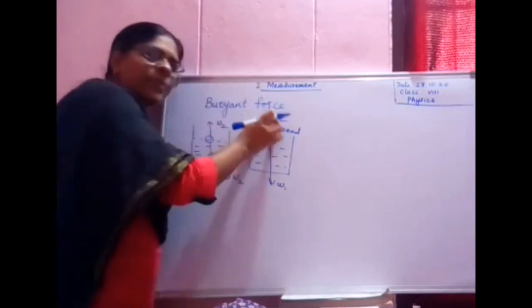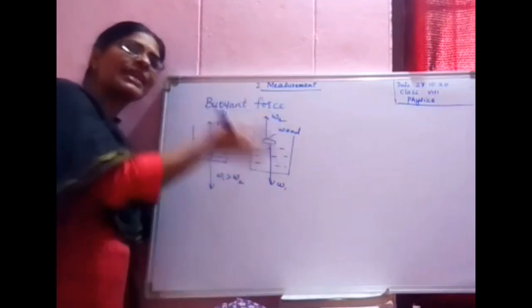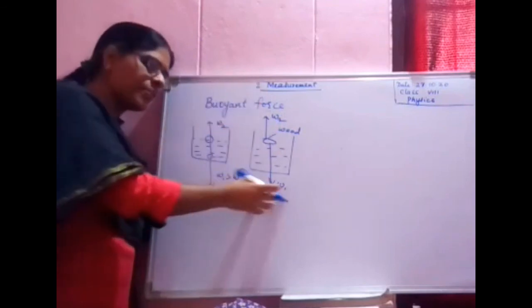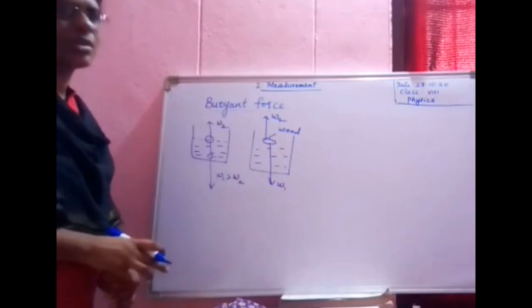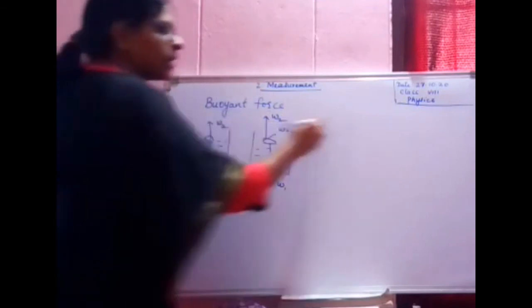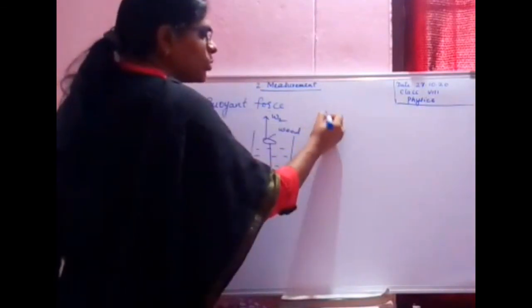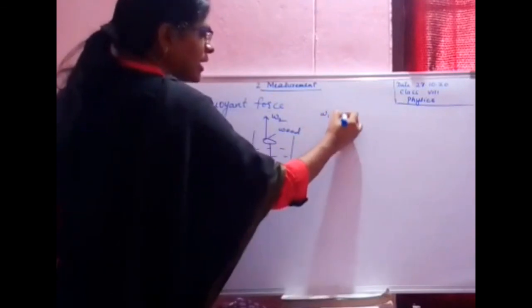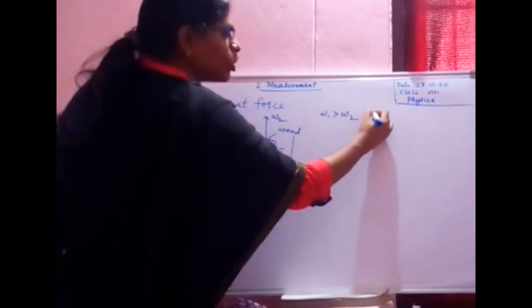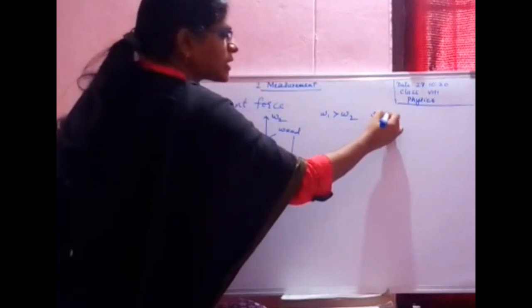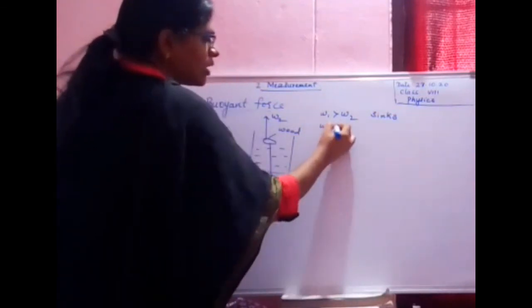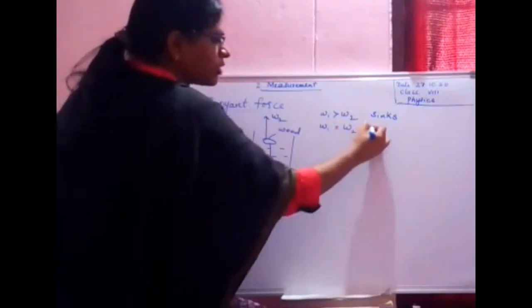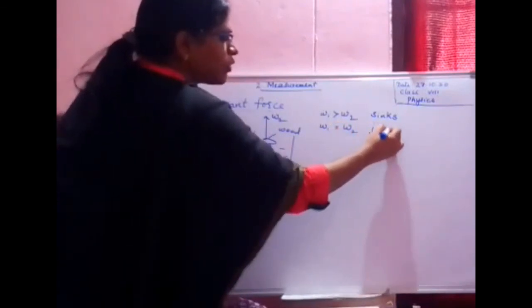This buoyant force is more when compared to your gravitational force. Hence, we conclude that if W1 is greater than W2, the object sinks. If W1 is equal to W2, just it will float.